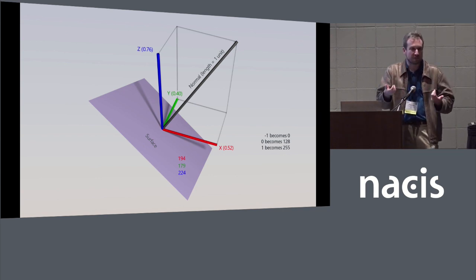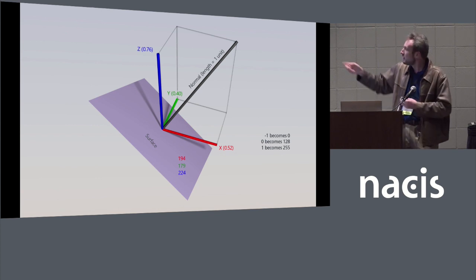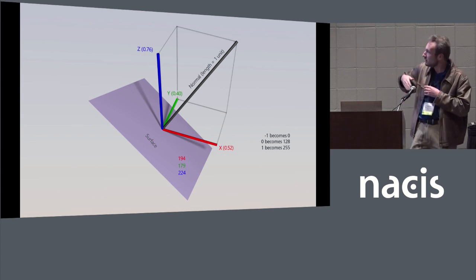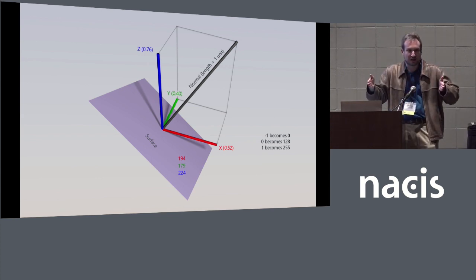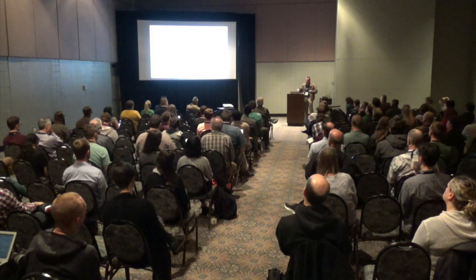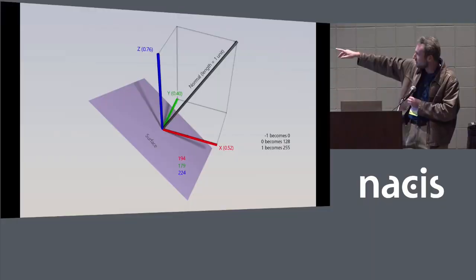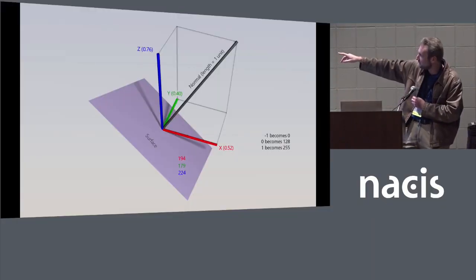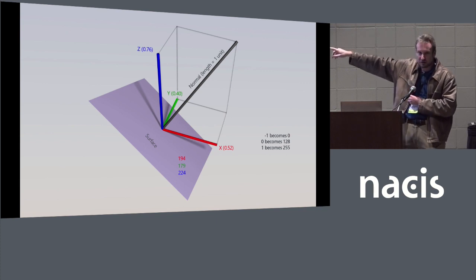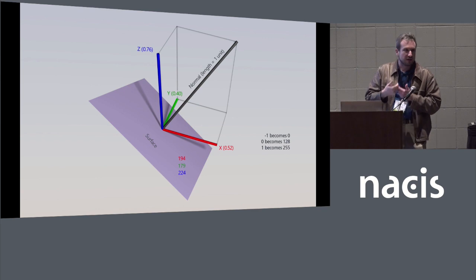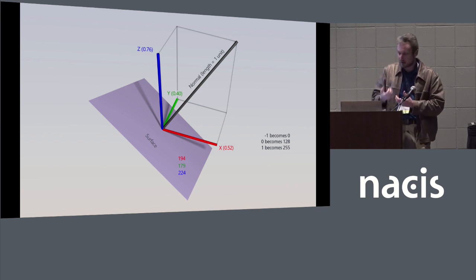In the case of a 24-bit RGB raster, you just turn -1 into 0, 1 into 255, and then all the values in between, you just interpolate between those endpoints. So in this particular case, those XYZ components become an RGB value of 194, 179, 224, which is that lavender color I've put on this polygon here. If you do that for every cell in an elevation raster, you've got a normal map.